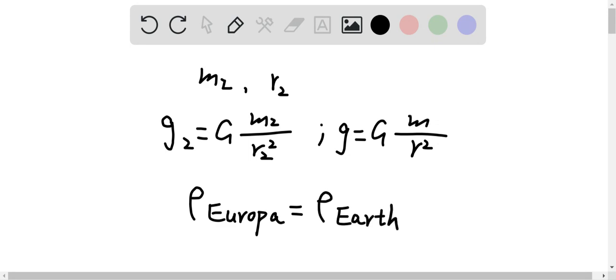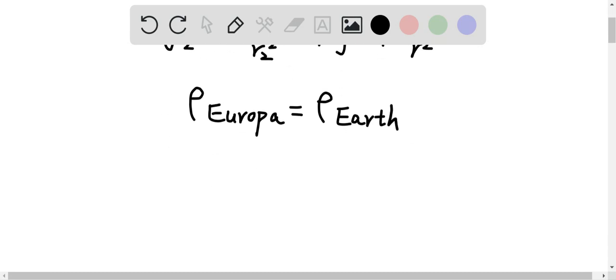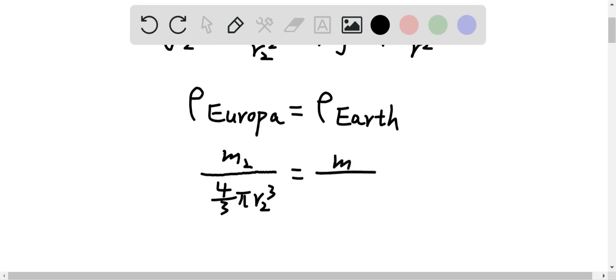which will give us that m2, the mass of Europa, divided by the volume of Europa, which, since the planet is a spherical object, is just 4/3 times pi r2 cubed, where r2 is the radius of Europa, is equal to m over 4/3 times pi r cubed.